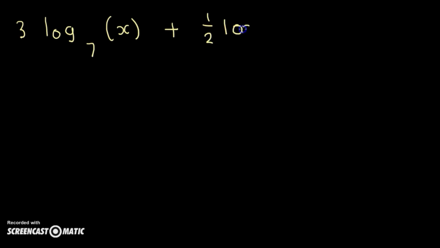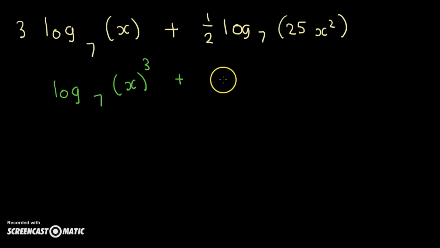And another question: 3 times log to the base 7 of x plus a half log to the base 7 of 25x squared. We can bring that power up there, so plus log to the base 7 of 25x squared to the half.